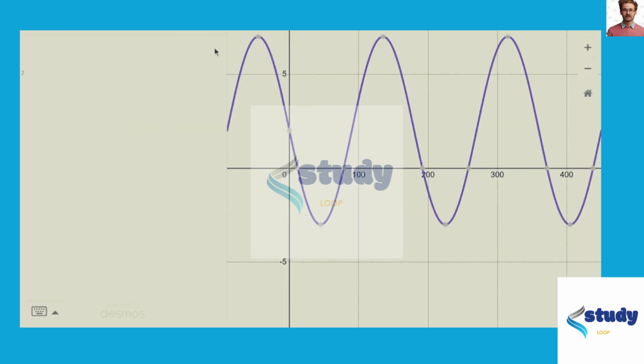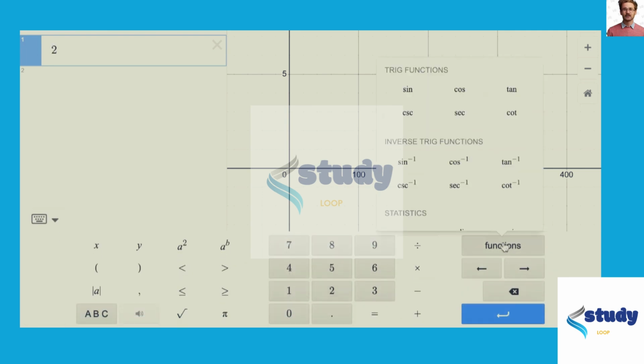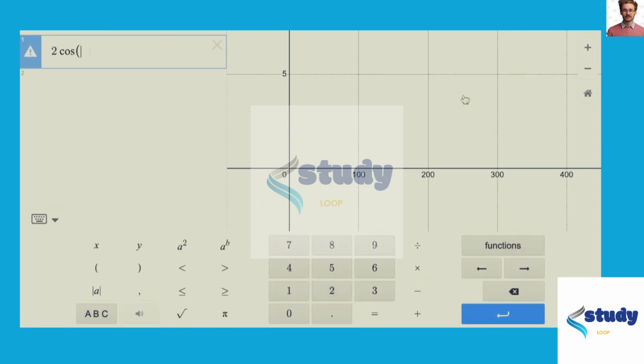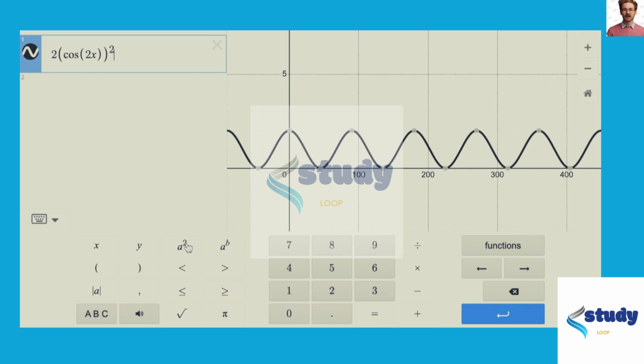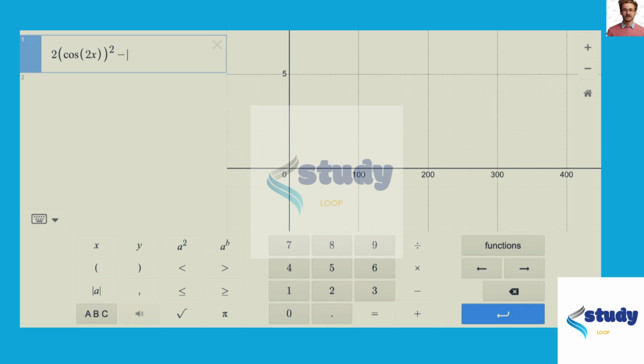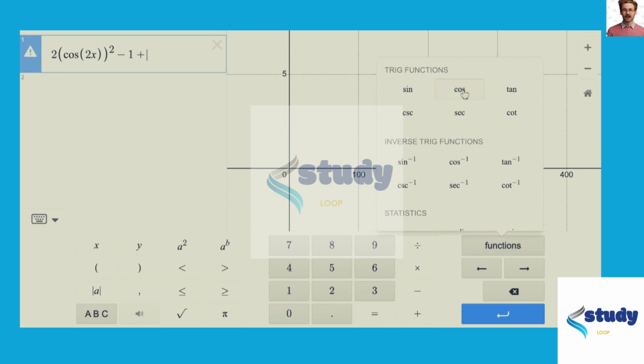And our last one, 2 cosine squared of 2 theta. So cosine 2x, but then we'll need to wrap that and square it. Then it's cosine squared. And we'll subtract 1 and then add cosine 2x.